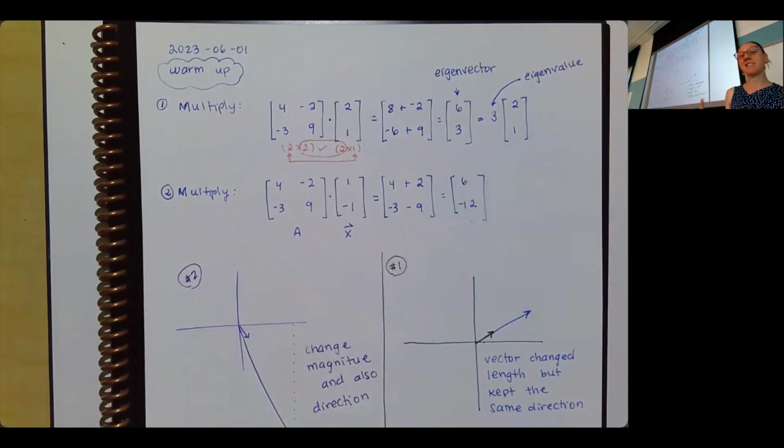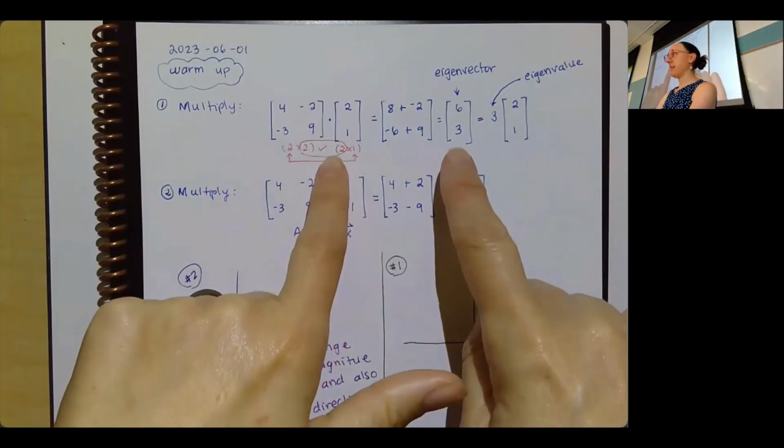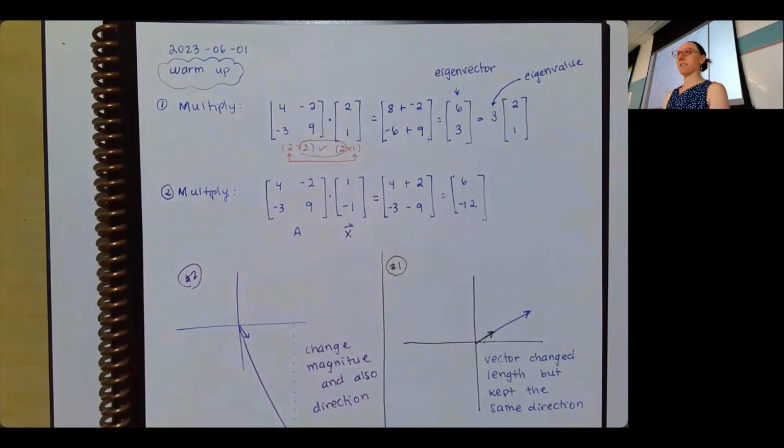Now, if we tie this back around to the biology, and I think about this as an iterative process, where I put one vector in and I got one vector out, and I'm thinking about that over time.